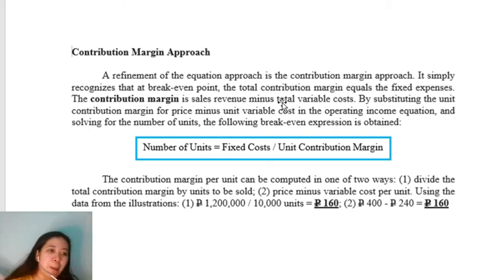If you could still remember, in the equation approach, our denominator is revenue or sales minus variable cost per unit, which is again equal to contribution margin per unit. So they just presented it in another form, but it's still the same.